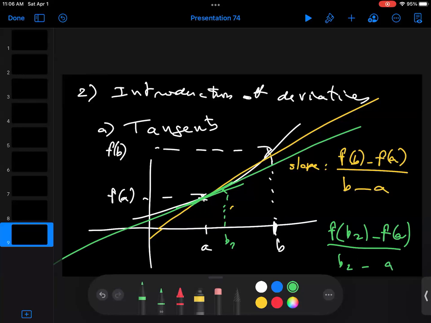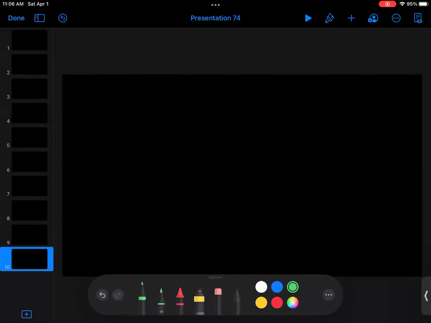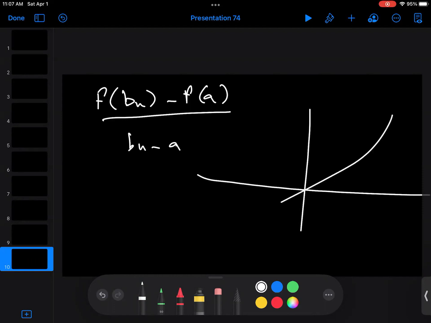So I could choose a B3 here and then a B4, and let's say a sequence Bn that's converging towards A. And I could look at the sequence f of Bn minus f of A divided by Bn minus A. And if in fact, at the limit, what do I obtain?